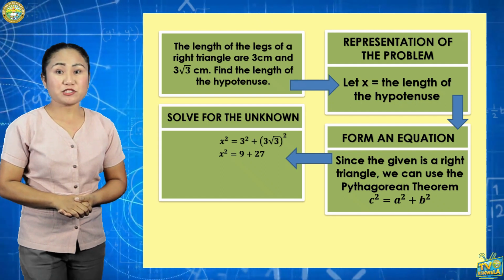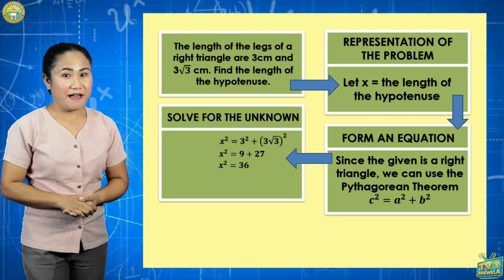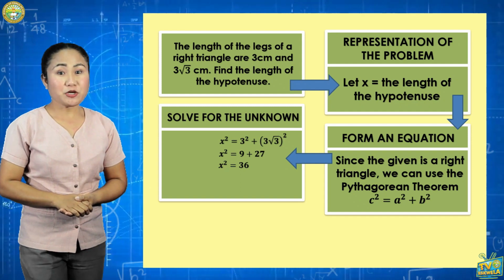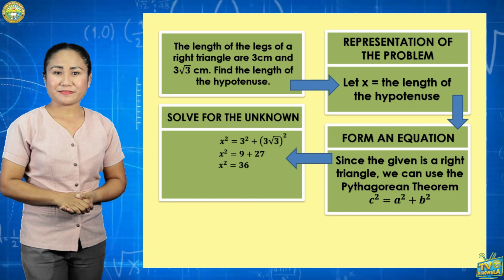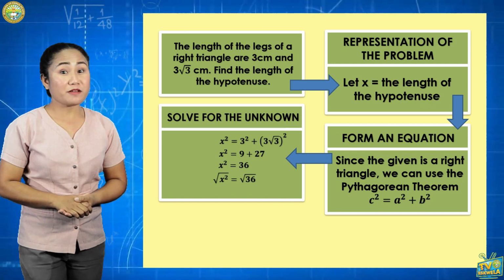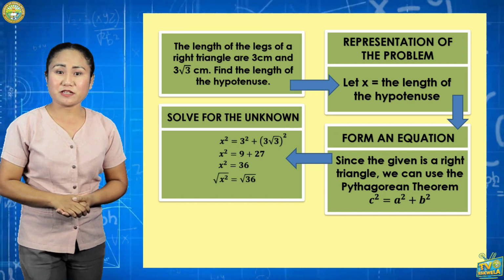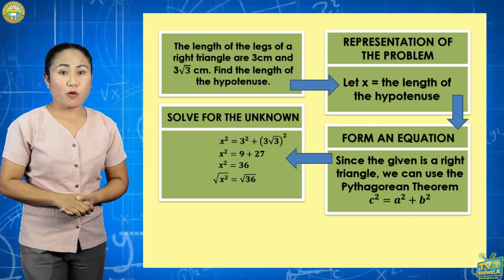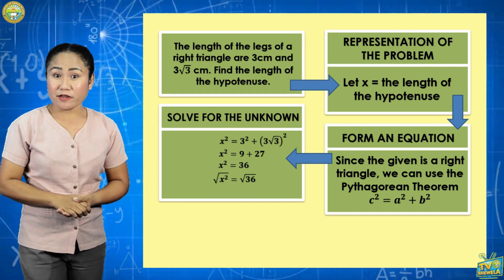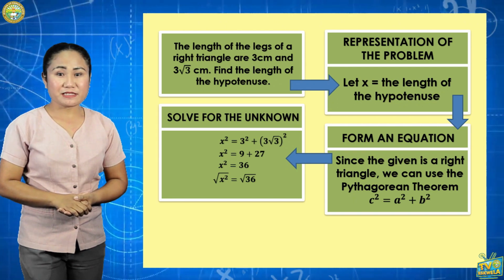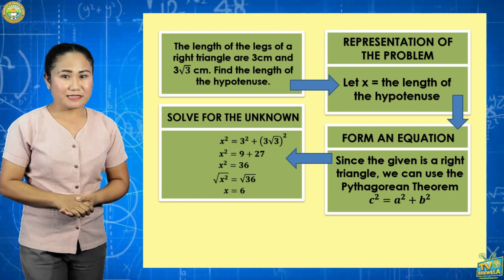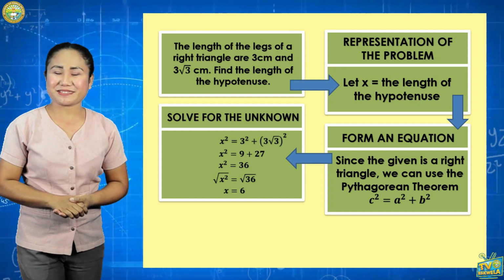Adding 9 and 27, we have x squared equals 36. By taking the square root of both sides of the equation, we have square root of x squared equals square root of 36. Therefore, x is equal to 6.